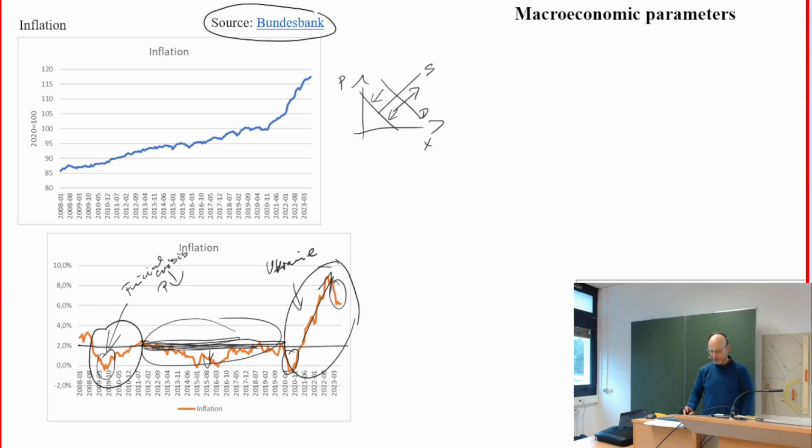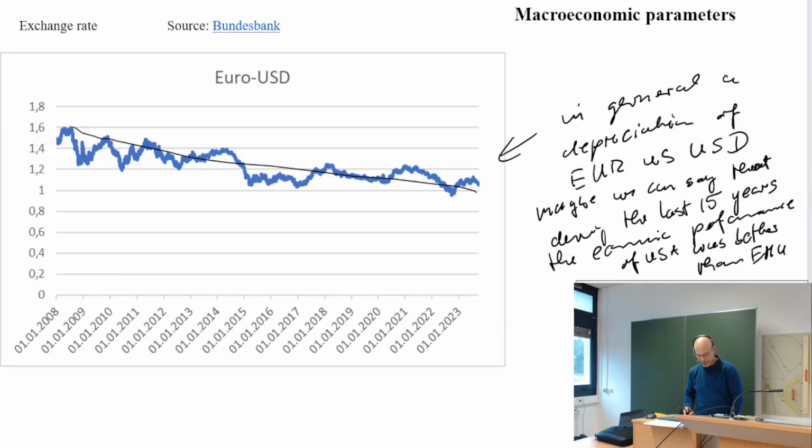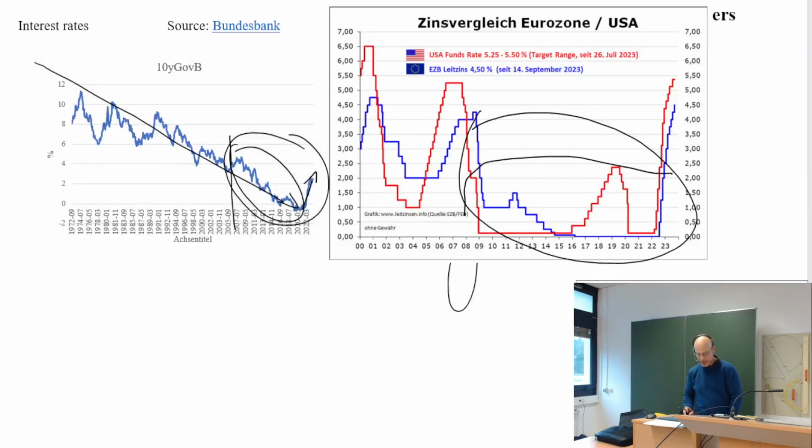Then, of course, inflation. We can look at unemployment, exports, imports. Keep in mind this magic square, the exchange rate we have here, and then I also showed you interest rates.